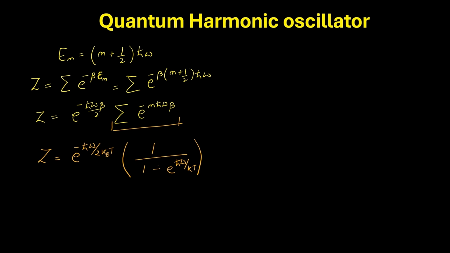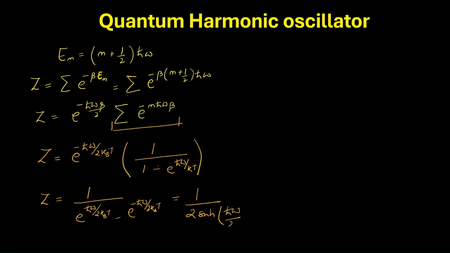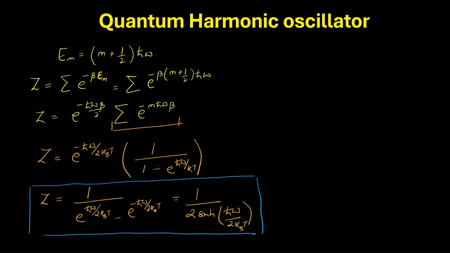We can simplify further, and we can write this as 1 by e to the power h bar omega by 2 k_B T minus e to the power minus h bar omega by 2 k_B T, and this you can write as 1 by 2 sinh of h bar omega by 2 k_B T.